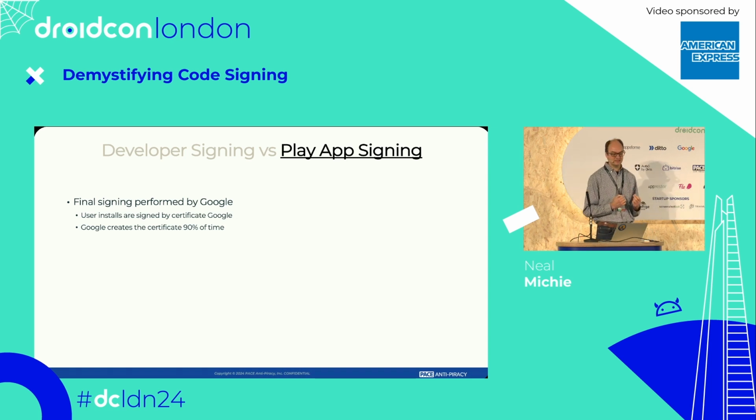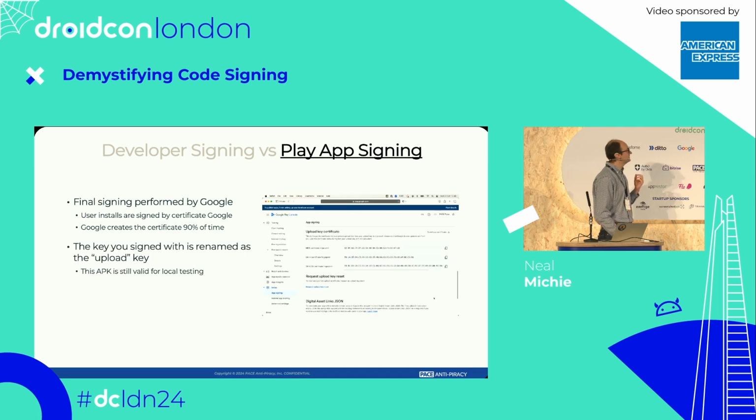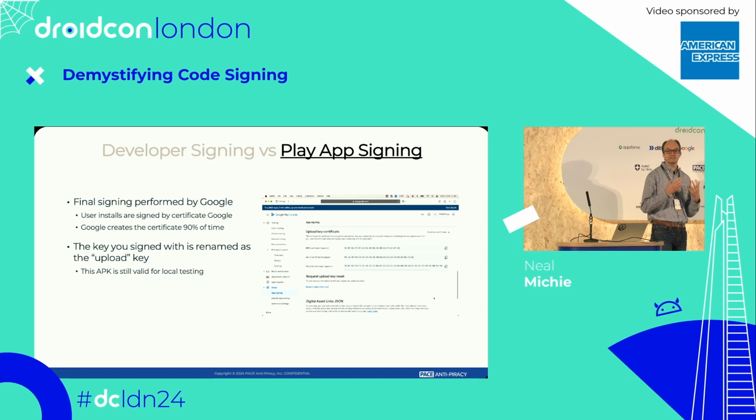It's signed by a certificate Google manages. And 90% of the time, that's a certificate Google has also created for you. In this model, the key that you signed as a developer is effectively renamed as an upload key. It's used by Google to validate that you're the same developer giving it APKs.